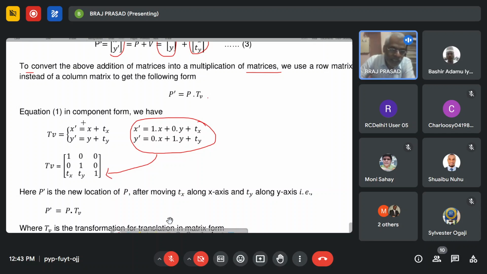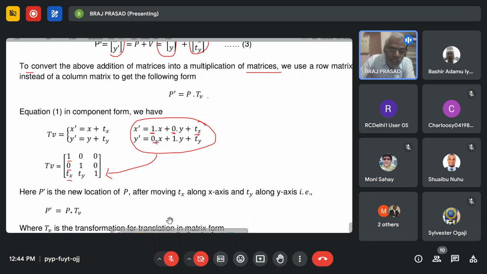So TV is equal to 1, this 1 is written here, this 0 is written here, and this tx is written there.